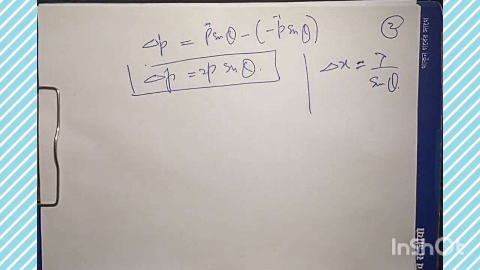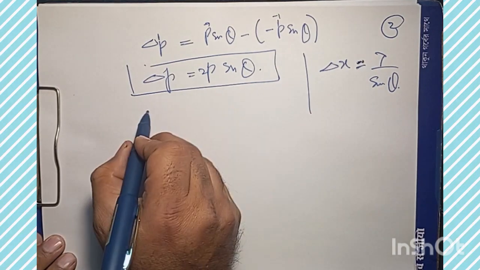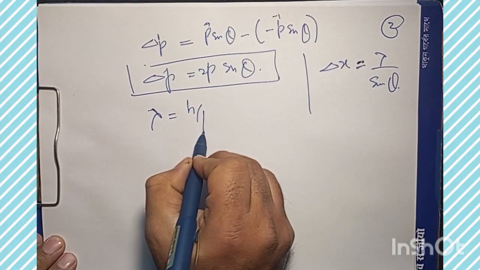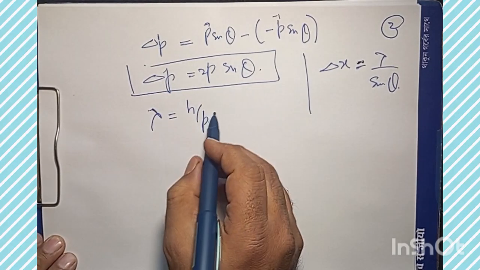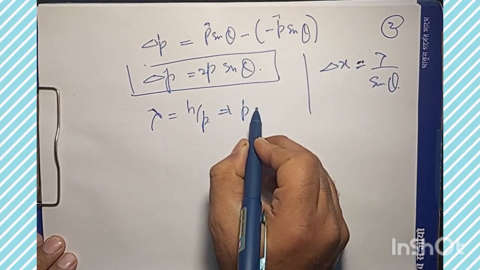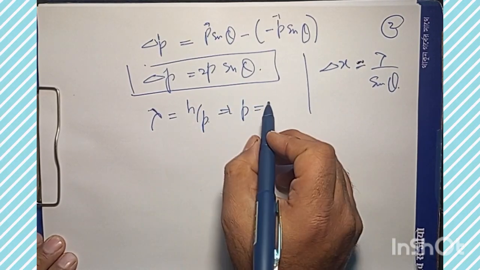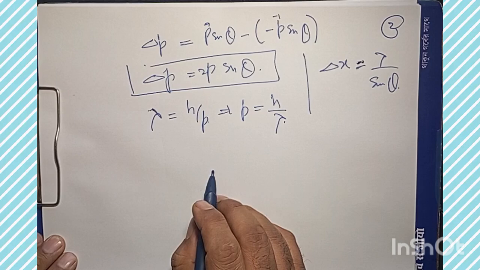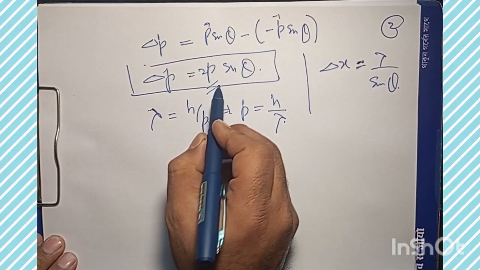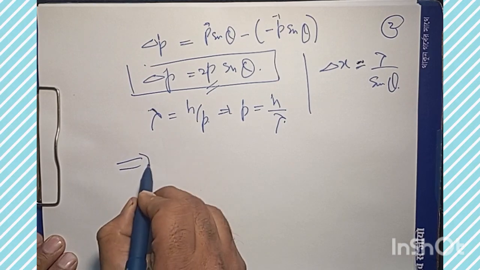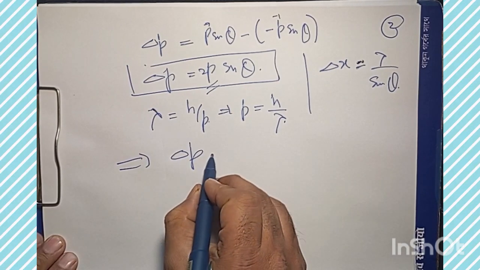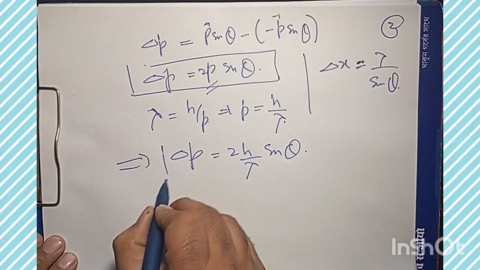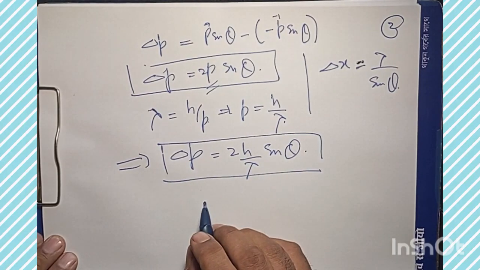Now I can use p from the de Broglie equation: lambda is h by p, so p is h by lambda. Using this in the equation, the uncertainty in the measurement of momentum is 2 times h by lambda times sine theta.